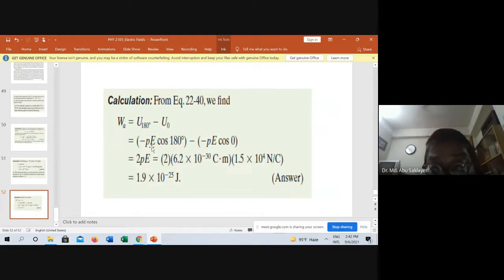So minus P cos theta, this is W, not torque. Cos 180 degrees minus cos 0. So this is the amount of work done.